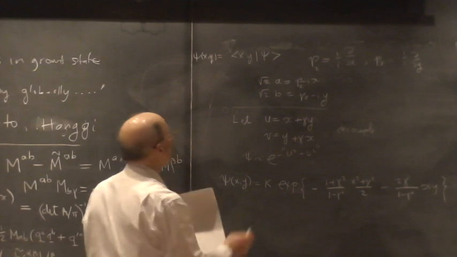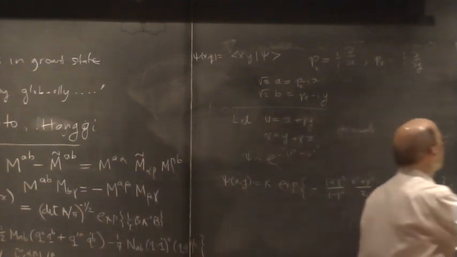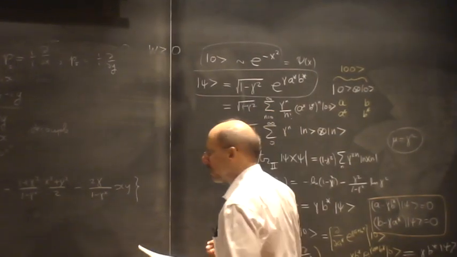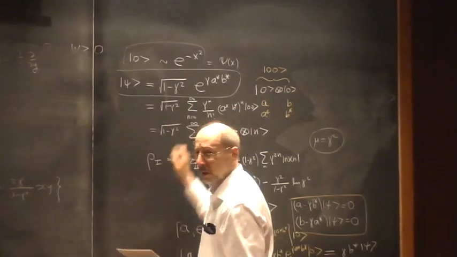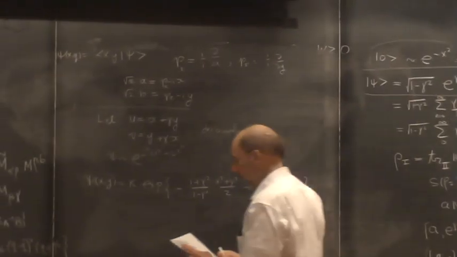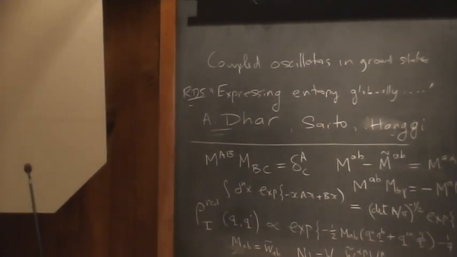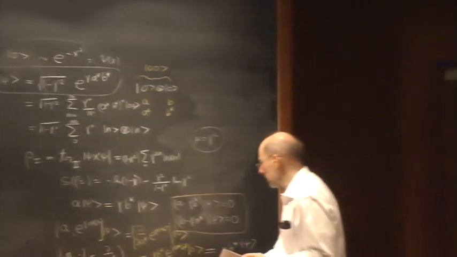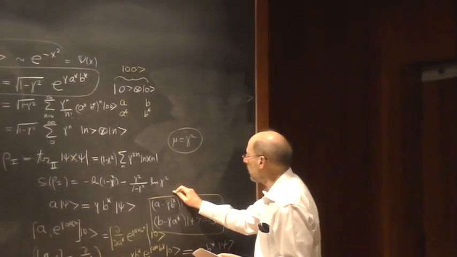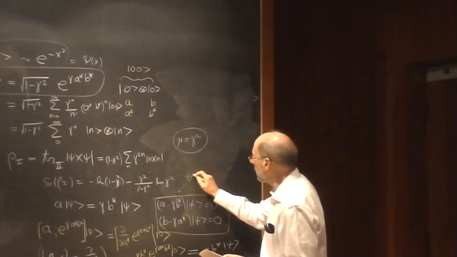Okay, so that's the ground state for the two coupled harmonic oscillators. Not the ground state, it's the squeezed state for the two coupled harmonic oscillators. For those who are not familiar, I mentioned the word, but I should say again, this is basically what's called a Bogoliubov transformation.